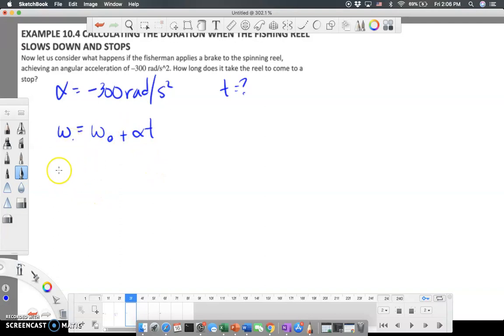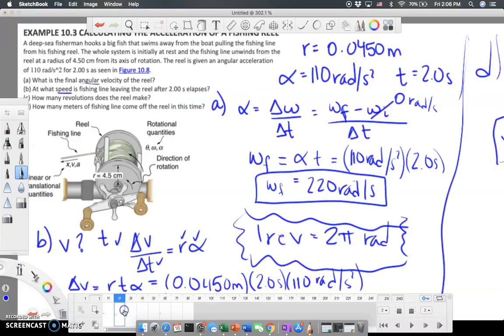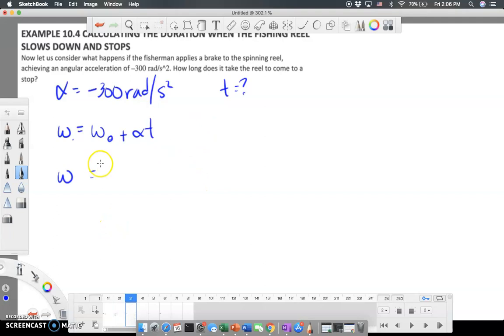Remember, our omega was 220 radians per second. So in this case, that's where we would be starting, so that would be our omega naught. And our final omega, our final velocity, would be 0 because we're going to a stop. So this should be 0.